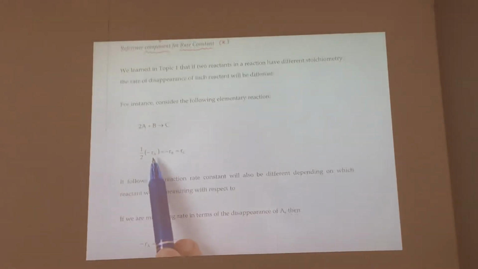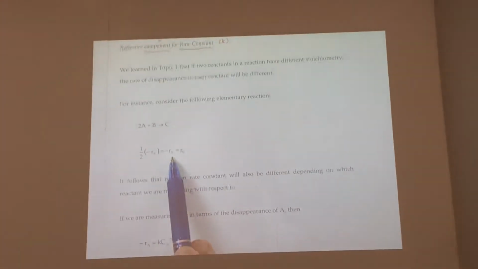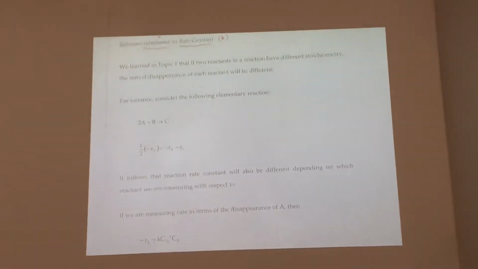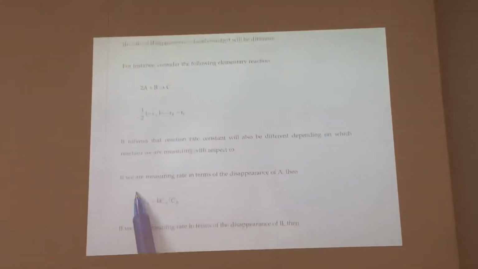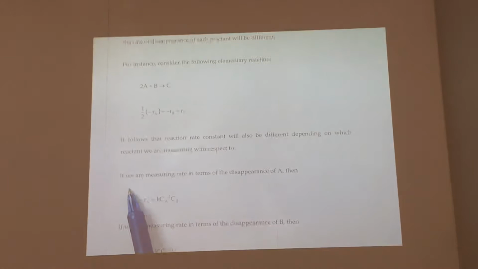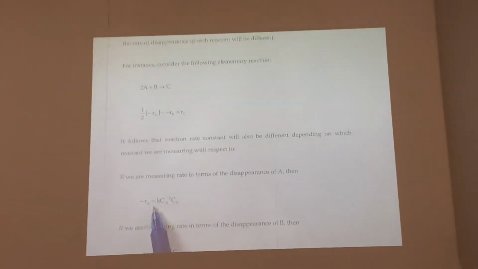Now, let's say in this equation we will be focusing on reactant A and reactant B. If we measure the rate of dissipation of A, minus RA equals K CA squared CB.